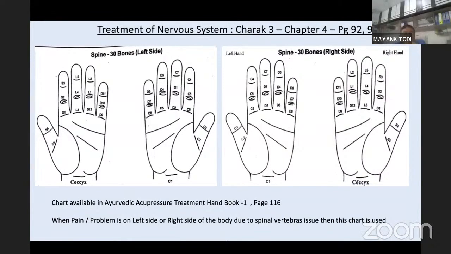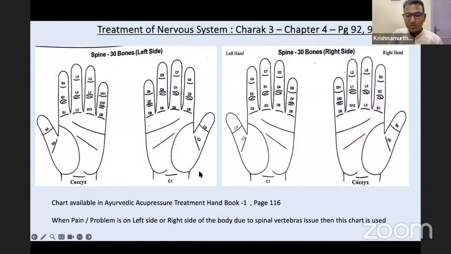Sir, we are not able to see your cursor. Okay, let me stop sharing. You are able to see me, right? No, sir. That's what we are saying. You are not seeing me. Visible, sir.